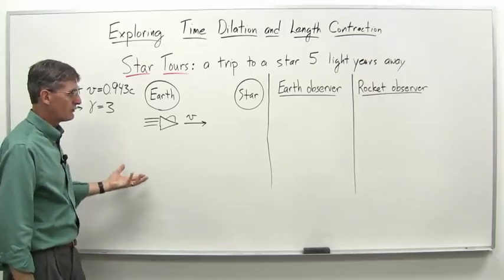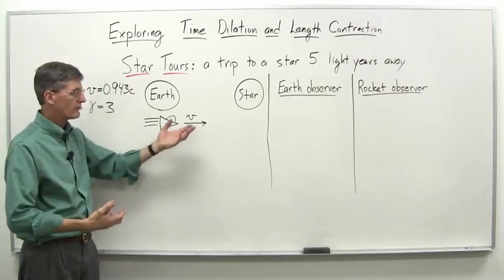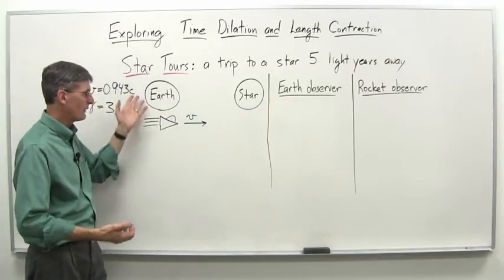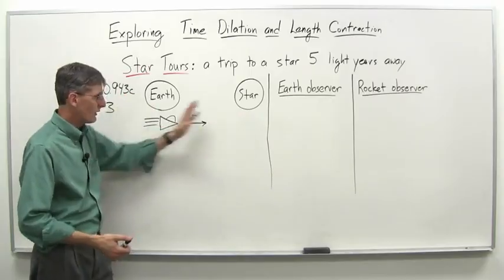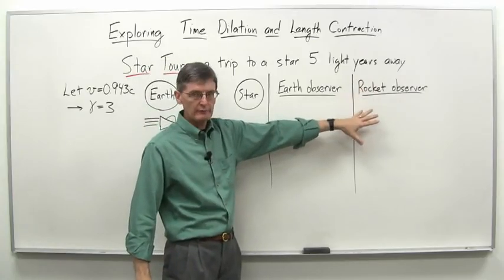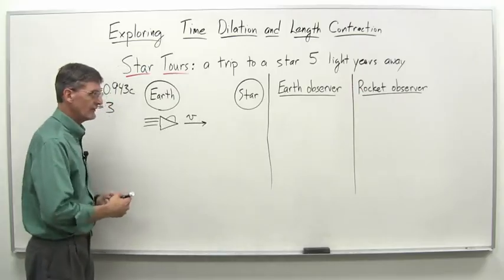So what we want to do is analyze the situation first from the perspective of an Earth observer watching Bob, so maybe Alice is on Earth, watching Bob travel to the star, and then analyze it from the rocket observer's frame of reference. That would be Bob in this case.